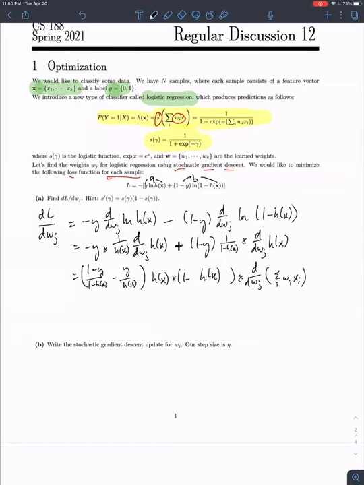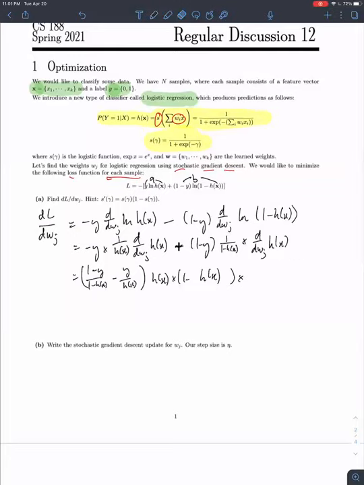But this is just xj, right? It's just xj because only one of these i's is equal to j. So we've got all these things that aren't wj, and the only term that has wj in it is wj times xj. So this is just equal to xj, right?